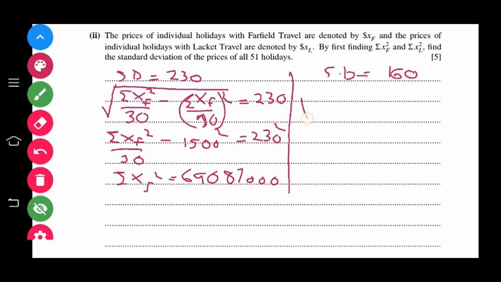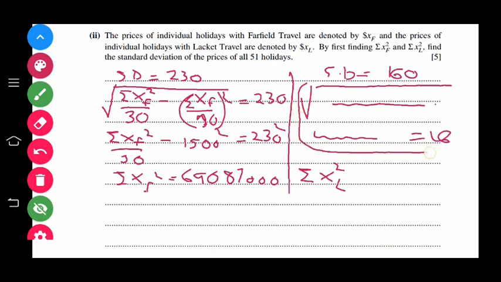Similar method: use the formula, substitute the values and find sigma xL squared. See, these places I have kept blank for you. You have to calculate it. And we get the answer as 121,497,600.